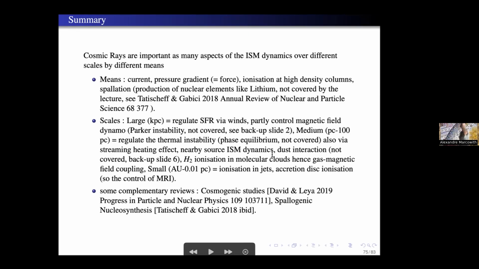You can have secondary radiation, because cosmic rays propagating in molecular clouds can produce UV radiation, which itself can produce some further ionization, but this is connected with cosmic rays.